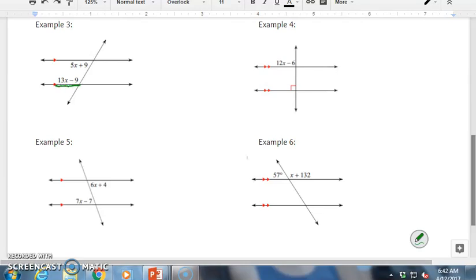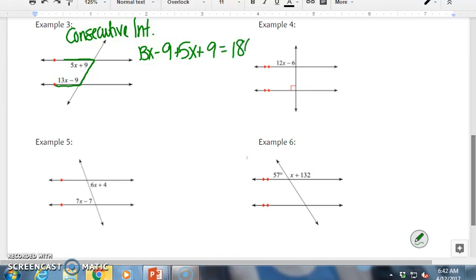So these are going to be consecutive interiors. So these are right next to each other. These are the ones that equal 180 degrees. So we're going to have to take 13x minus 9 plus 5x plus 9 and make that equal 180.